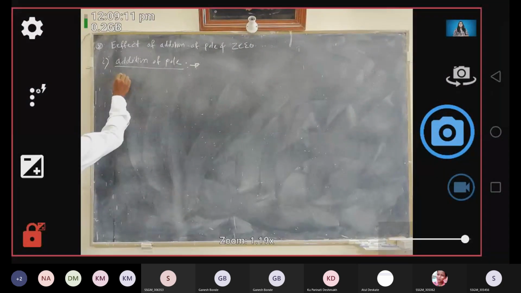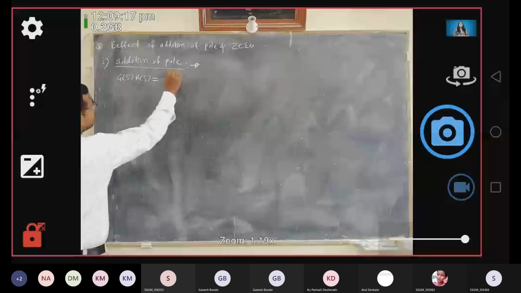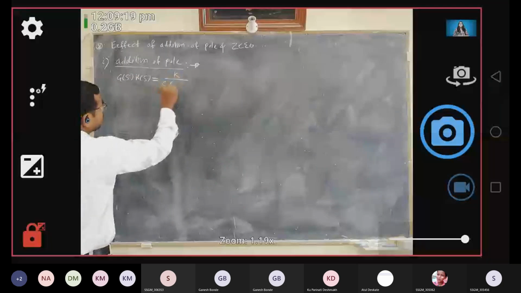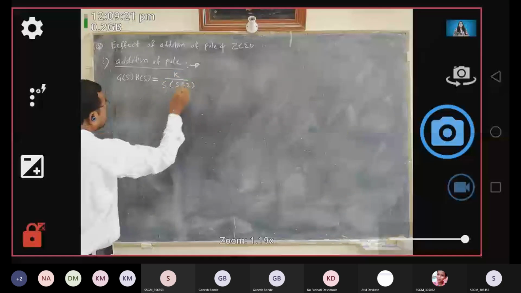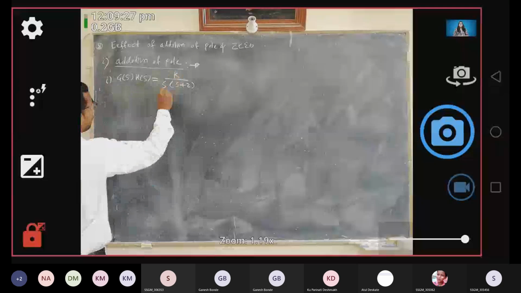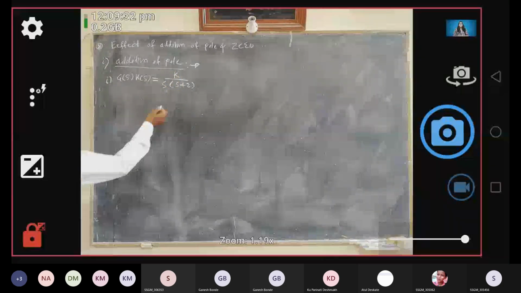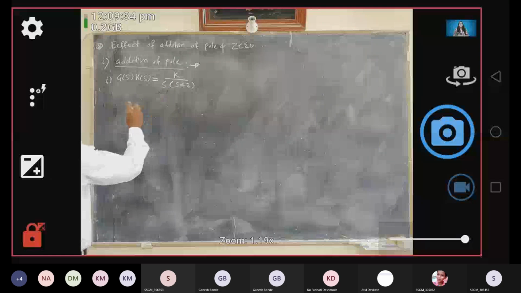Let's say we have G(s)H(s), the open loop transfer function, as K upon s into (s plus 2). This is the first case we have considered, a basic example. You just sketch a rough root locus of this given transfer function.